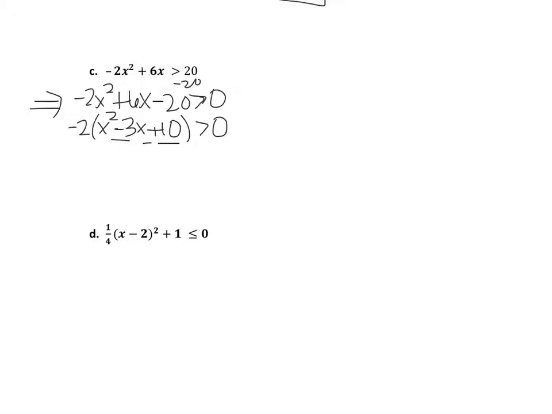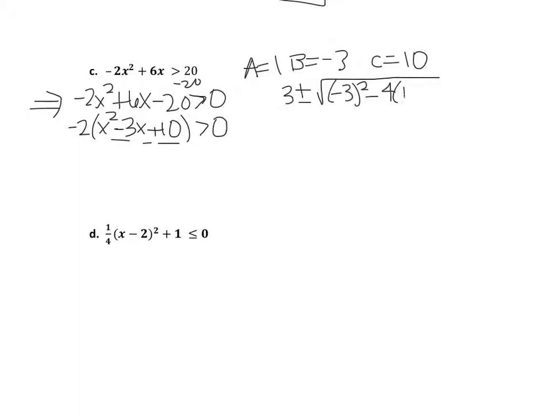And so from here, I'm going to say, okay, it won't factor, so therefore I'm going to plug it into the quadratic formula. So I'm going to identify A is 1, B is -3, and C is 10. And I'm going to plug it into the quadratic formula. So minus B, so minus a -3 is a +3, plus or minus the square root of B squared minus 4 times A times C, all over 2A.